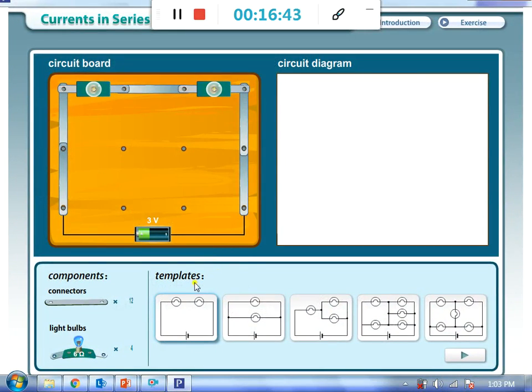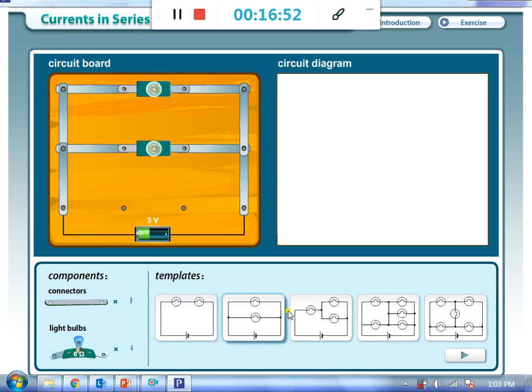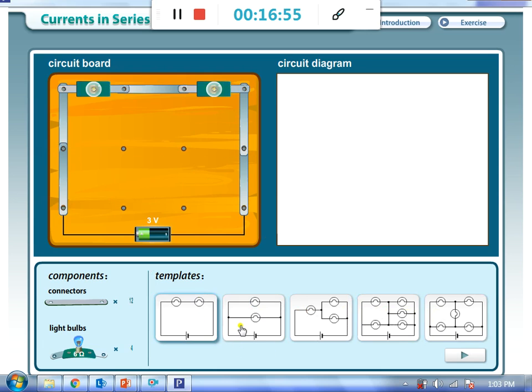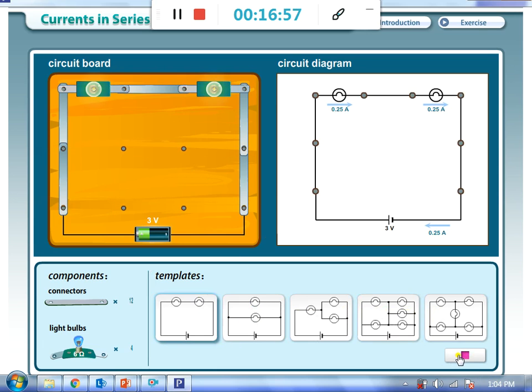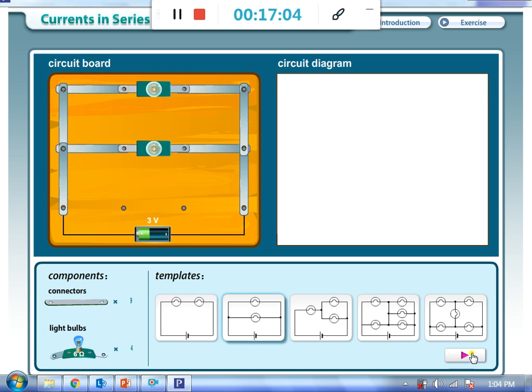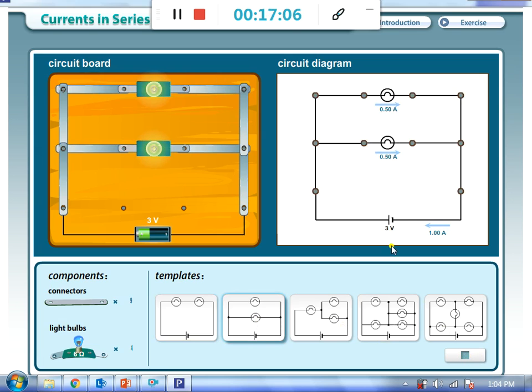You can look at this simulation. Okay, for this, like that. Now look at this one. You can see that the voltage is 3 volt, and the current should be 1A, and this here will be the division of the current.